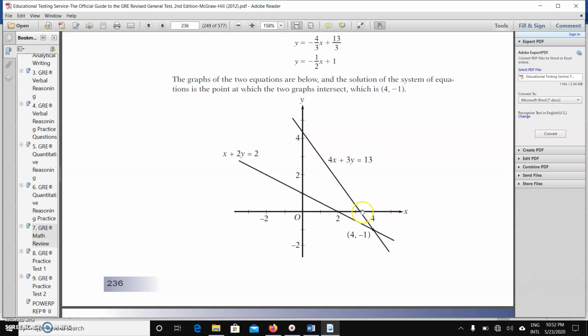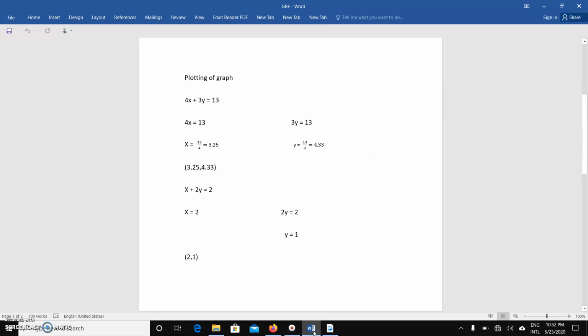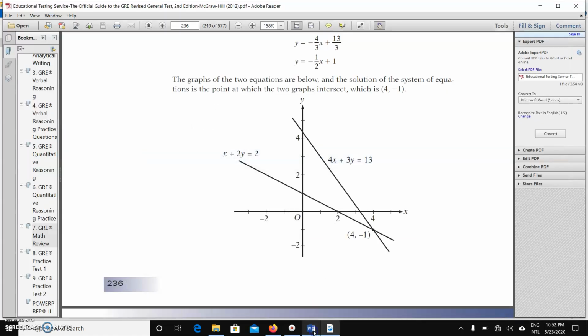Then for the second one, which is for the y, 4.33. So look for 4 on the y-axis. 4.3 will be around here too. You mark this place, so you join the two stars together. So just draw a straight line, and you have this.